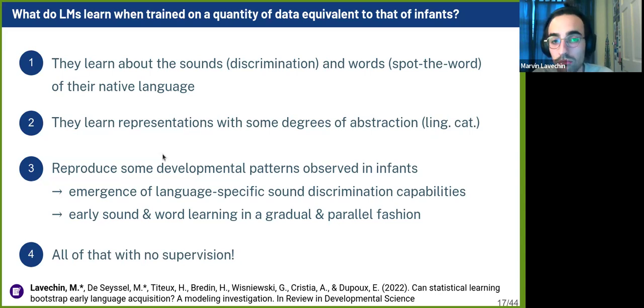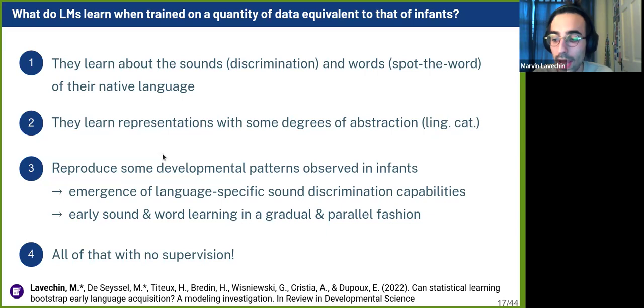To conclude, the first conclusion is that spoken language models might be good models of early language acquisition, since they can reproduce these developmental patterns. And the second conclusion is that statistical learning, extracting statistics from the speech stream, is sufficient to explain this gradual and parallel learning trajectory we observe in infants.